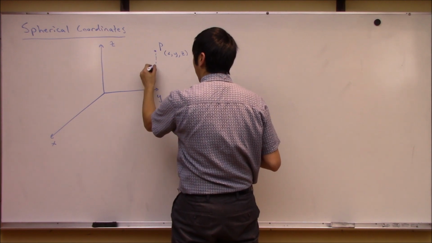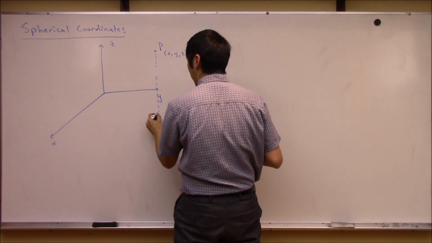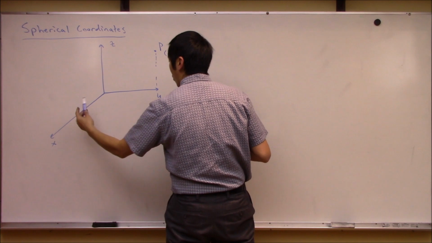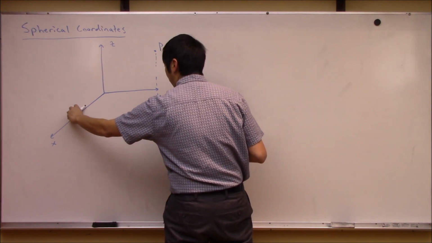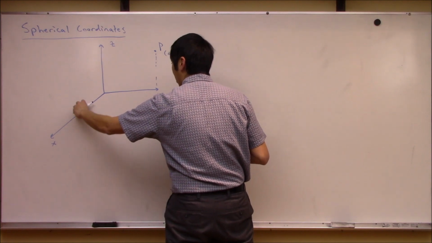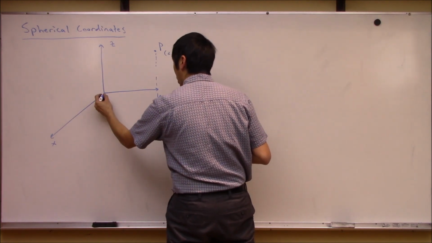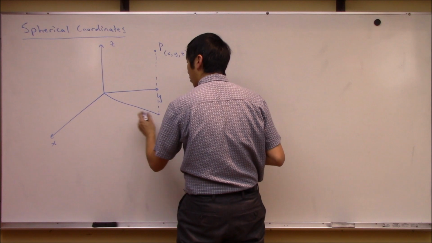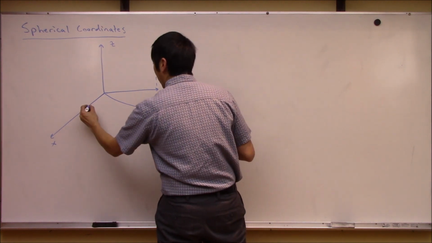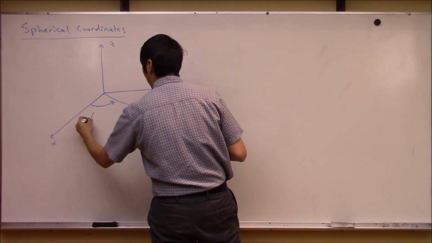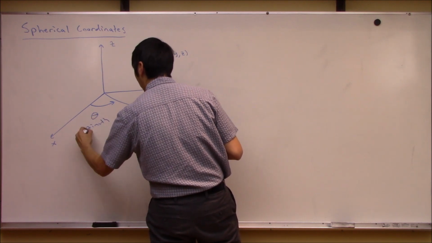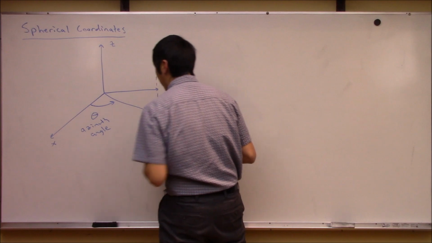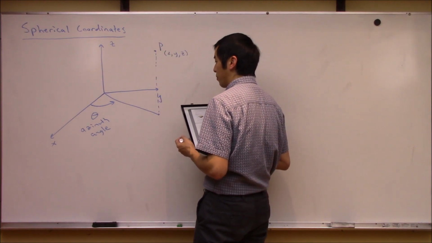Now we're going to sweep a plane from the x-axis to this projection here. Here was that azimuth angle theta. So here's theta, which we called our azimuth angle. This was the same in the cylindrical and polar coordinate system definition, okay?